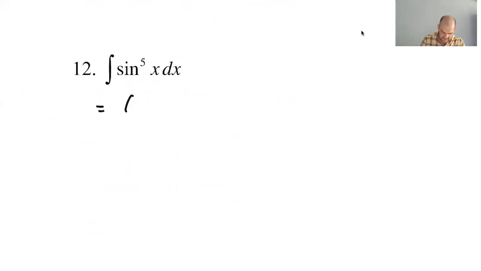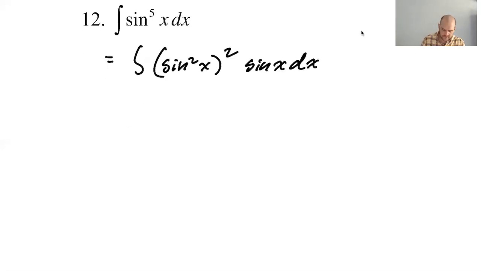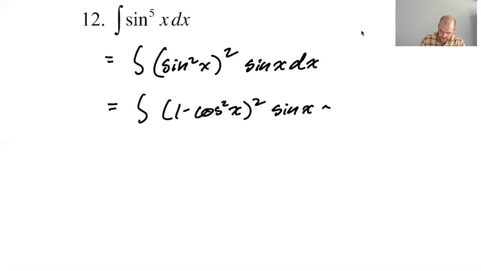We save a sine. We'll have sine squared is sine to the 4th, and then sine of x dx. And then we convert all of our sine squareds to 1 minus cosine squared, sine of x dx.